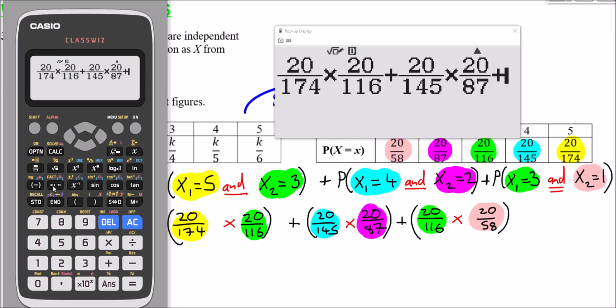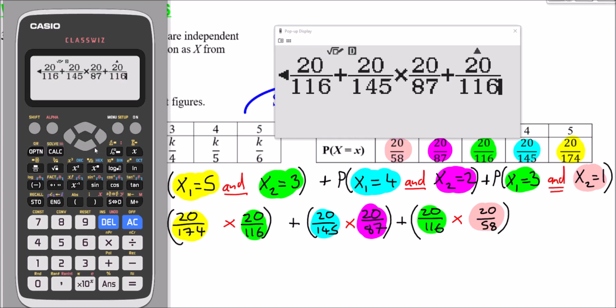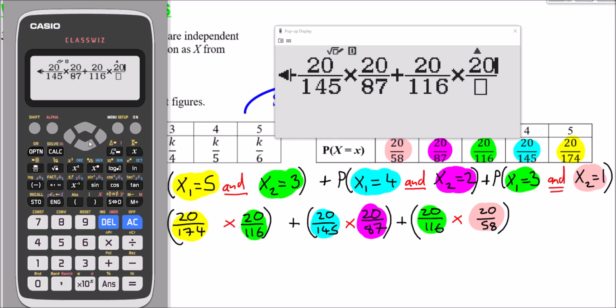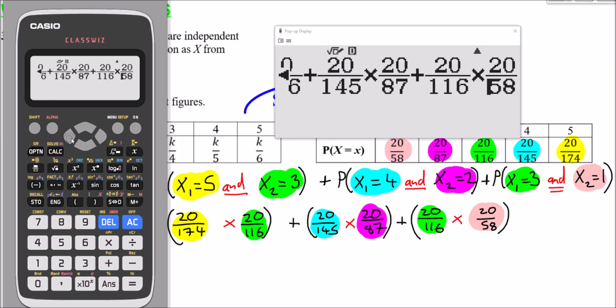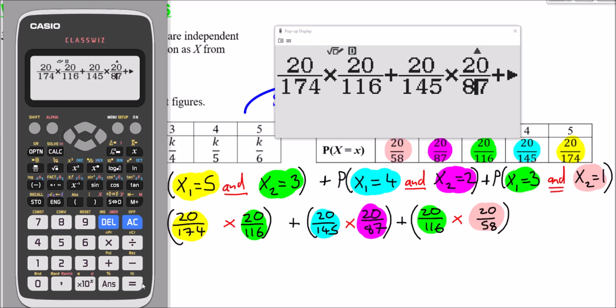Or finally, we could have 20 over 116 multiplied by 20 over 58. Just a quick check to make sure these are typed in absolutely fine. That looks good enough to me. So press equals, and we get this. Press S arrow D. So to 3 significant figures, it's 0.111.